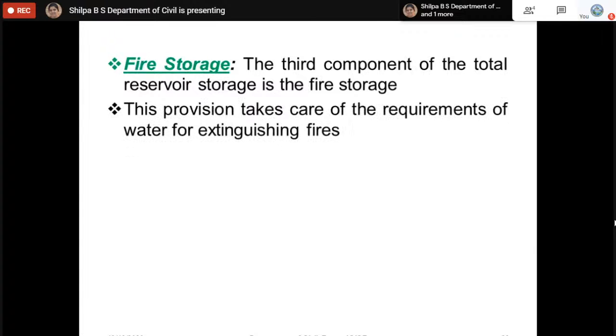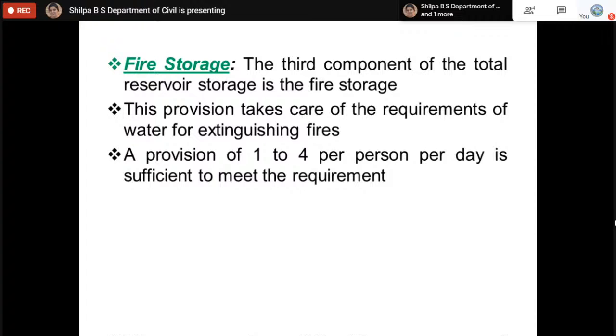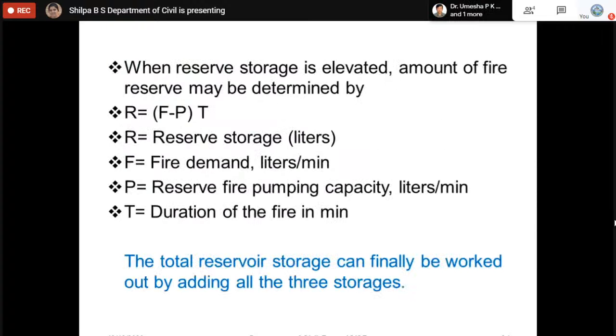This provision takes care of the water requirement for extinguishing fires, and usually 1 to 4 persons per day is sufficient to meet the requirements.